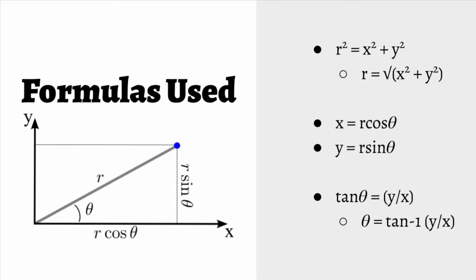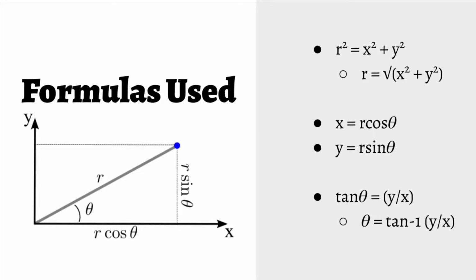Also, we already know that the x is related to cosine, since cosine's formula is adjacent over hypotenuse, and the horizontal leg is adjacent to the angle. And the y is related to sine, since sine's formula is opposite over hypotenuse.